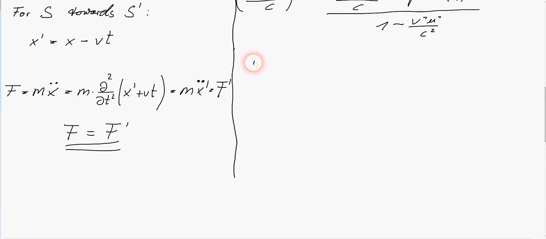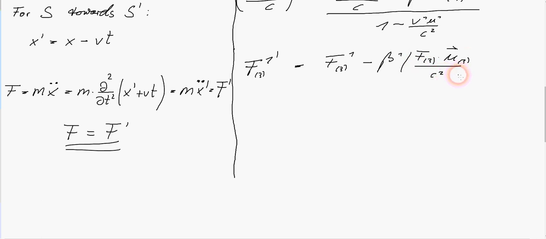Okay, and for F1, so this is the force component acting in x1 direction, we get the transformation. So we have F1 prime equals F1 minus beta 1 times F3 u3 over c squared, over c, minus V1 U1 over c squared.